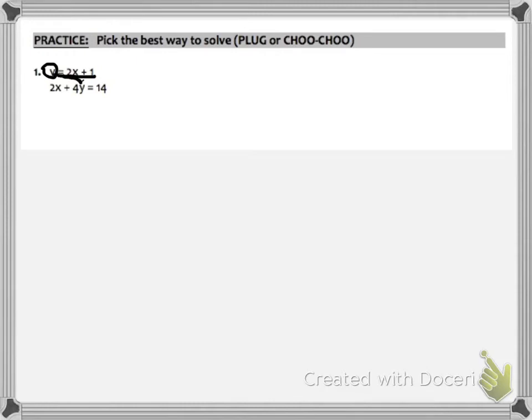I see it right there. So I'm going to plug in and I'm going to get 2x plus 4 times 2x plus 1, and that's going to be equal to 14.